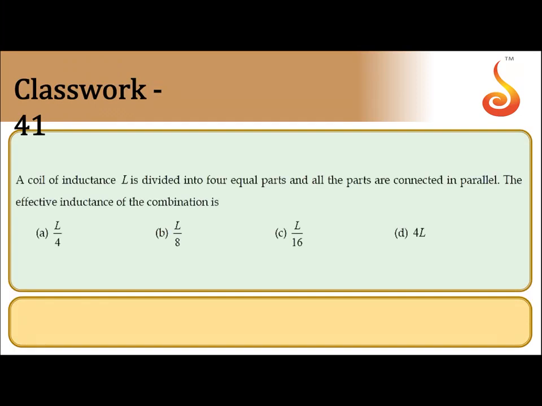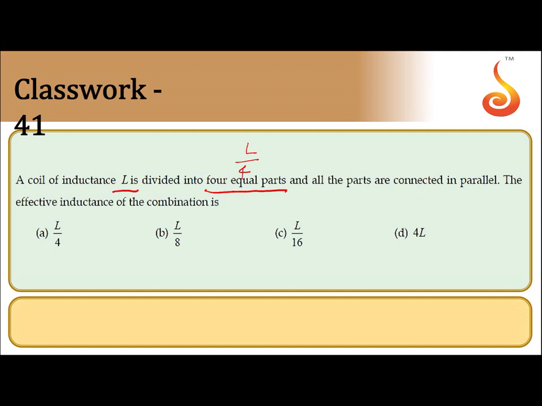Next, a coil of inductance L is divided into 4 equal parts and all the parts are connected in parallel. Then effective inductance of the combination is, see, I told you inductance exactly behaves like resistance. When one coil is broken into 4 equal parts, originally is L, each part will have inductance L by 4. Now they are connected in parallel.